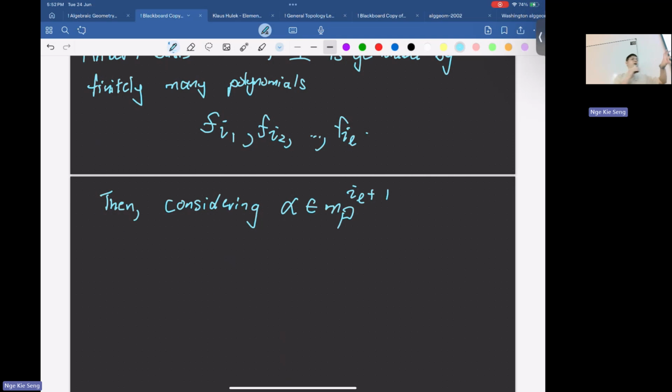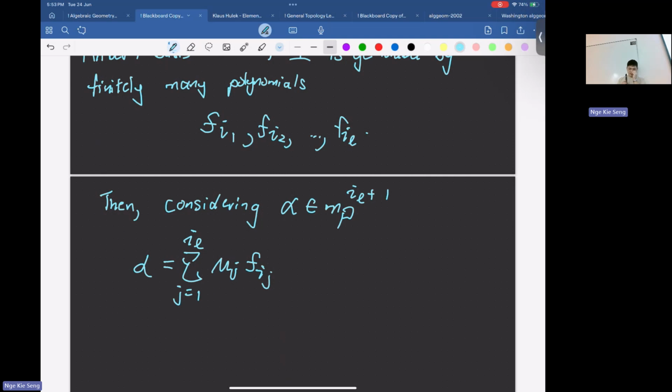Let's look at our alpha and the next ideal, f_k here. So our alpha can be written as the sum over j equals 1 to L of m_j times f_{ij}.